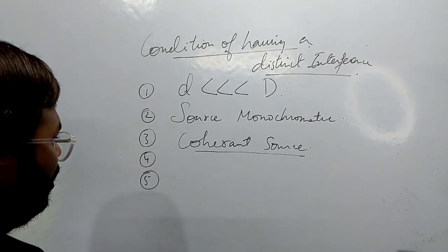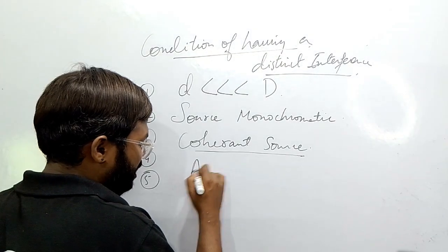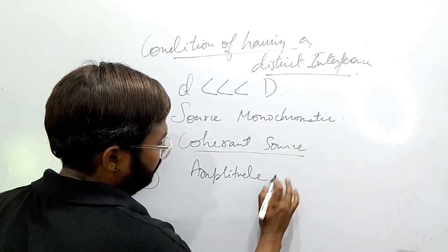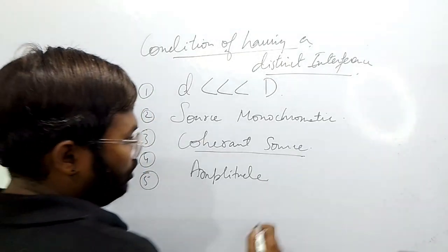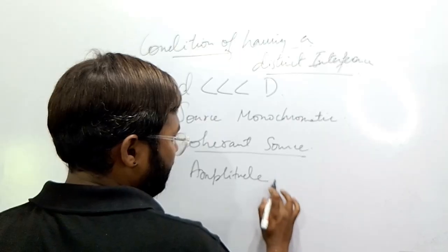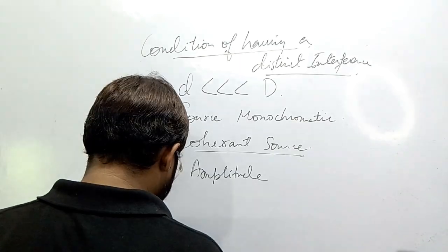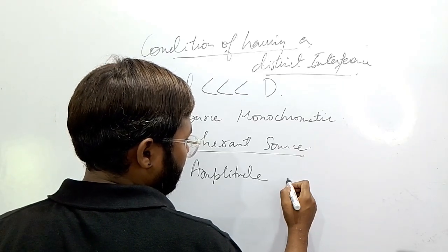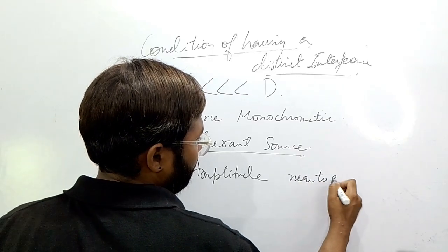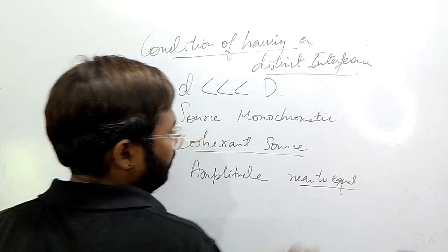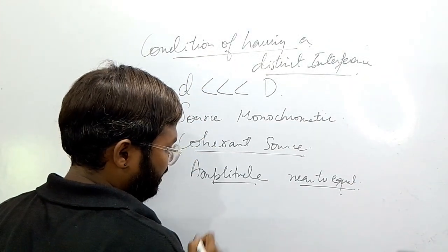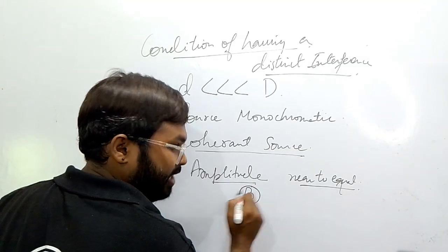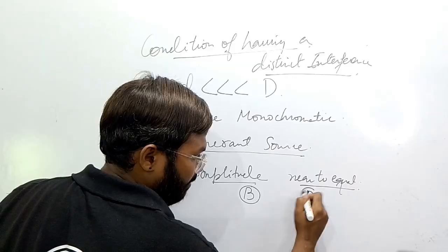Clear? And then the amplitude of both the sources should be near to equal. Look, I'll explain this. For bright fringes, that is maxima, and for dark fringes, that is minima.